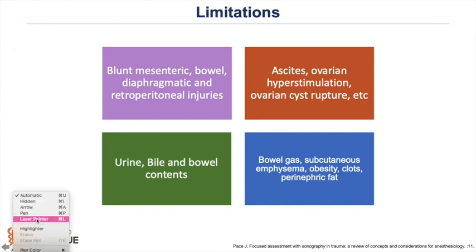So finally, remember that this exam has some limitations. For the abdominal examination, detection of blunt mesenteric, bowel, diaphragmatic, or retroperitoneal injuries can be very difficult, as well as an isolated penetrating injury in the peritoneum.